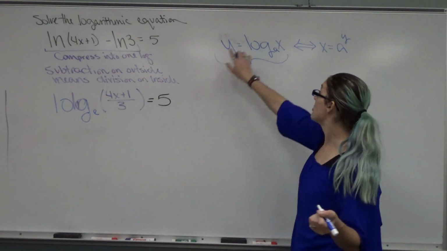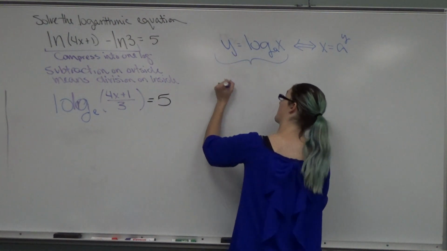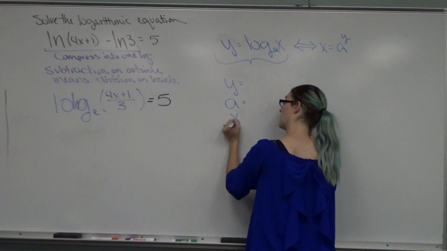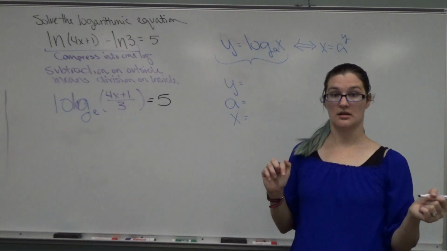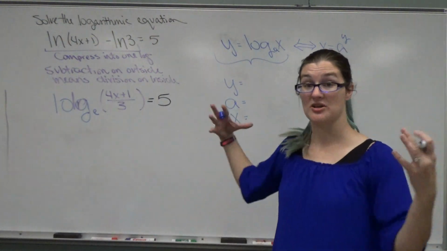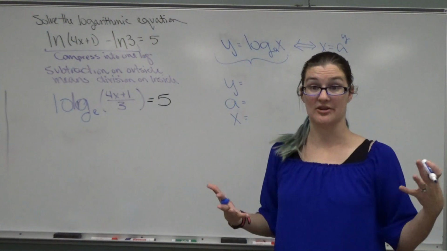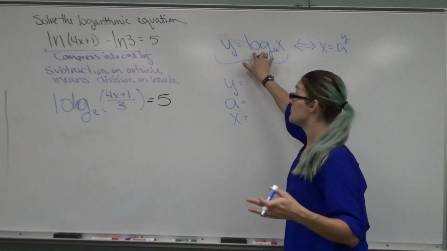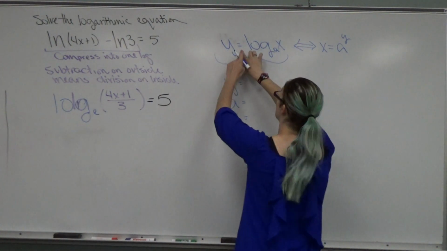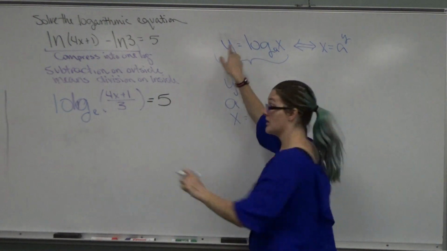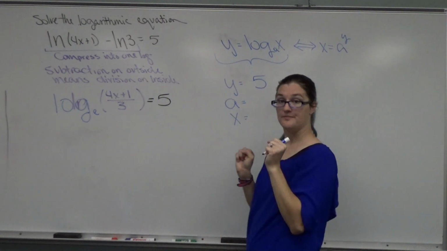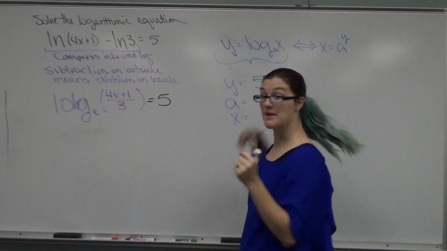Okay. So I want to start by saying what is y, what is a, and what is x. I don't want to do that in my head because I have actual x's, right? I may have y's, I could have all sorts of a's, I could have all sorts of letters. So I want to write down from my formula what those pieces are. So y is always what the log is equal to. Log is equal to 5. My a, that's the base of my log.